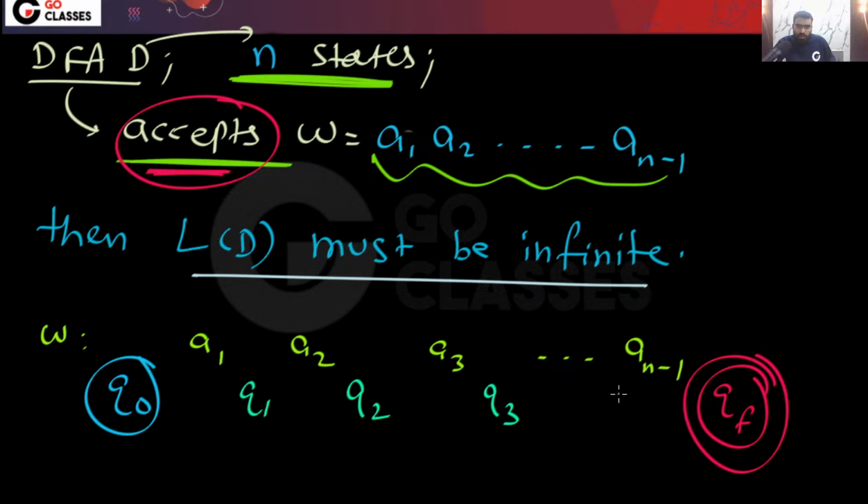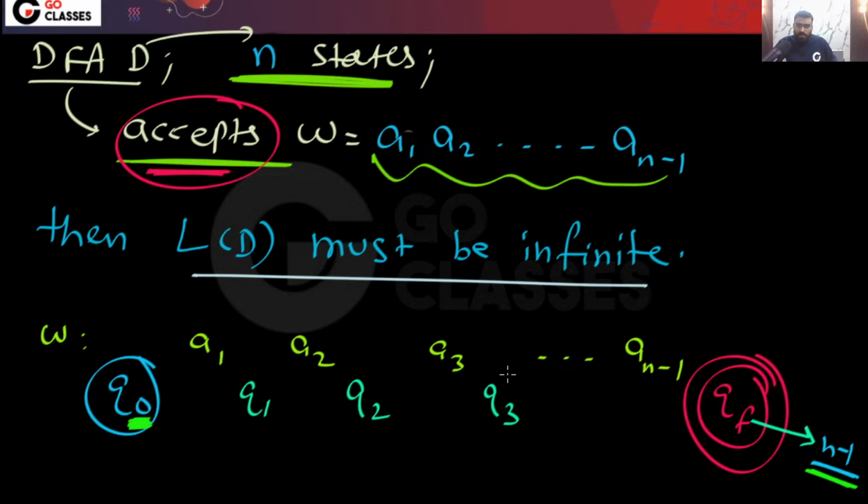For example, let me start with Q0, so this will be Q(n minus 1). You can see there are a total of n states, so you have consumed all the n states, from Q0 to Q(n minus 1).